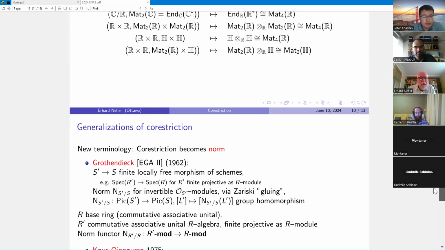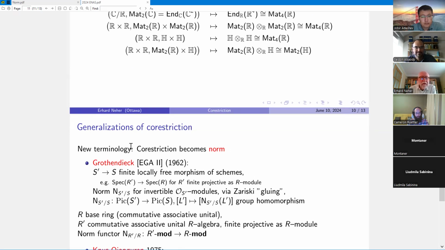Okay, so first I should mention already in 1962, Grothendieck looked at generalizations of corestriction, and he called these generalizations the norm. And so the corestriction in a general setup changes its name. It is now called the norm.